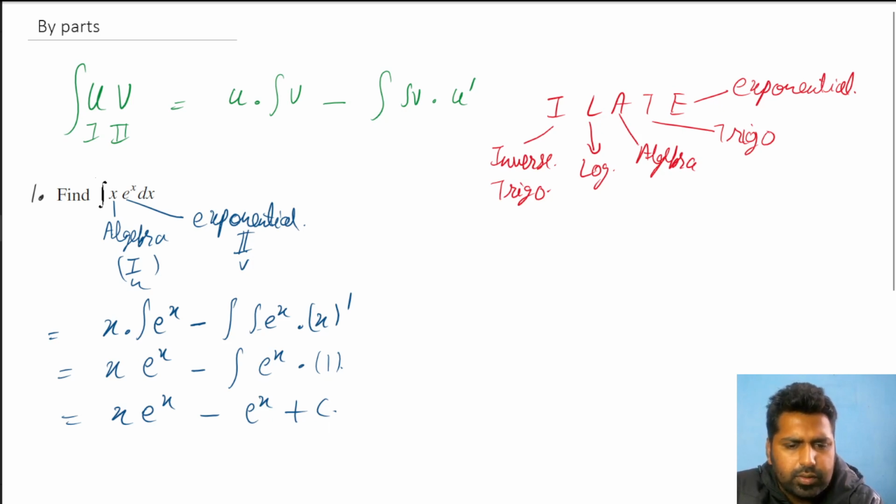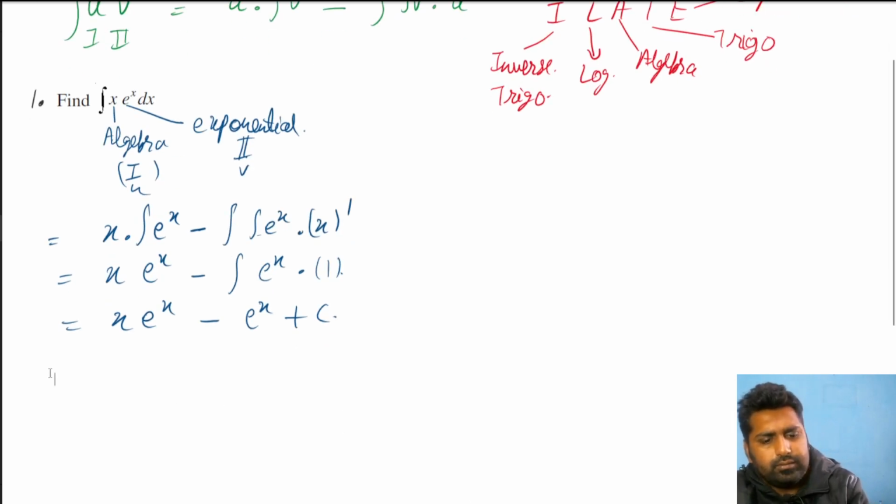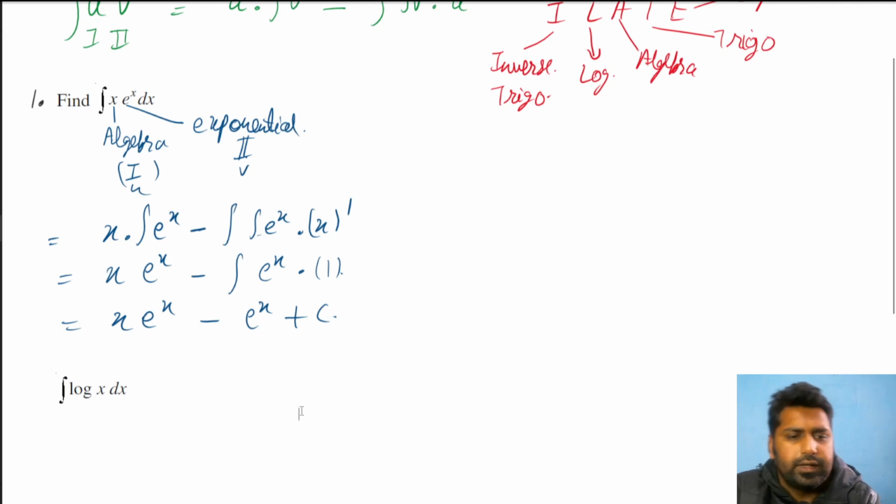All right, so as such by parts is an easy method as long as you know what's your first function, what's your second function. Next question. Integration of only log x is there.